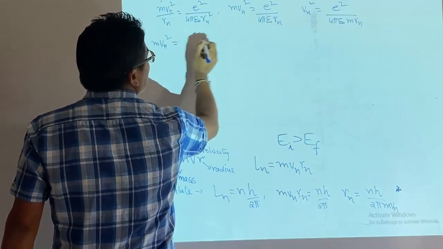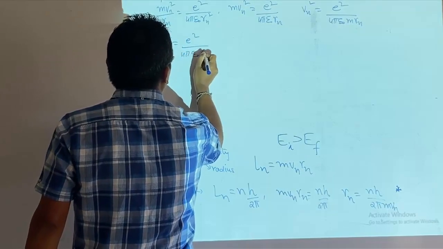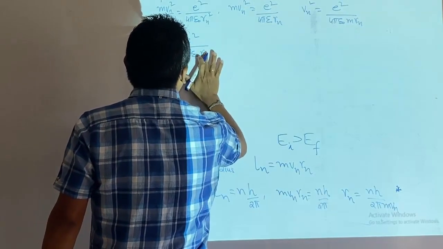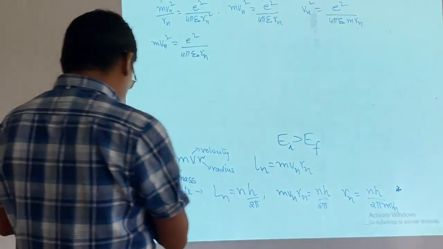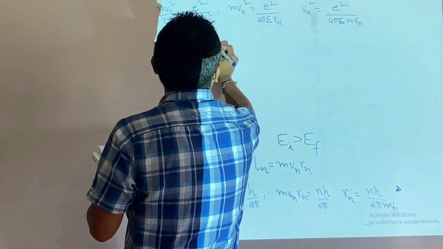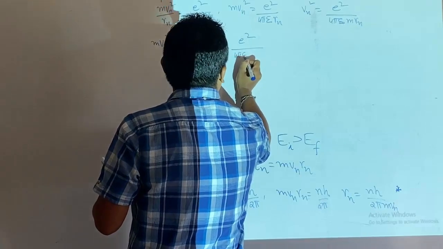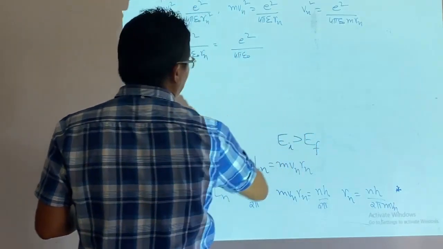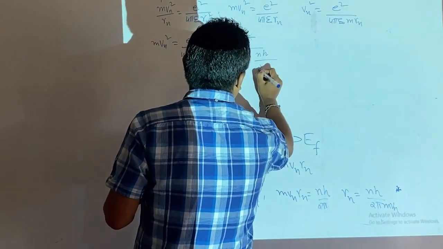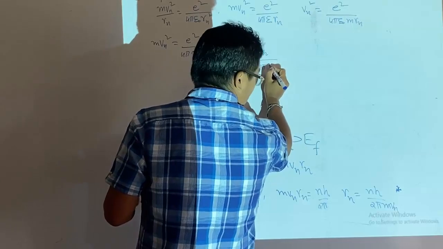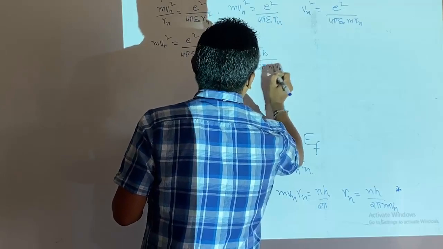Vn square is equal to e square divided by 4 pi epsilon naught Rn, and now substituting the value of Rn. What is the value of Rn? The value of Rn is nh divided by 2 pi m Vn.